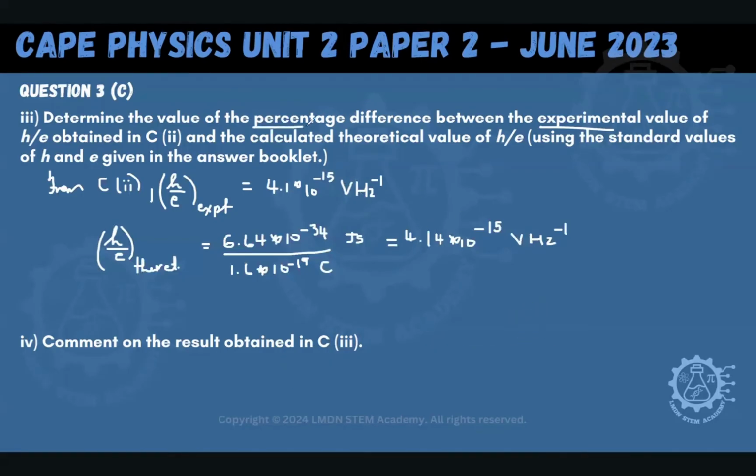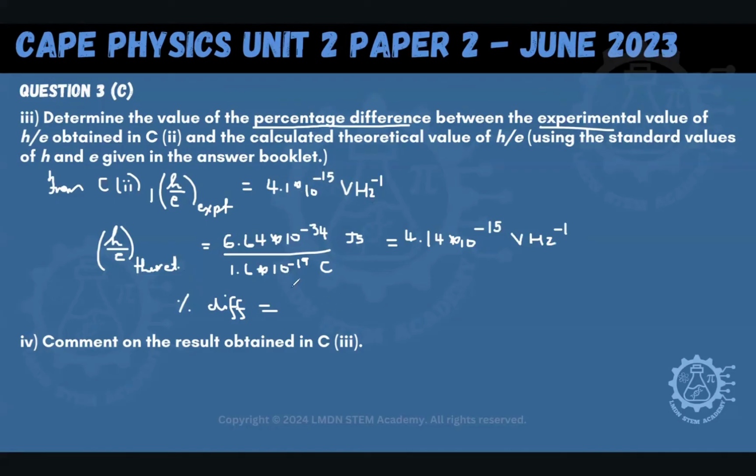We're comparing these two things, and they want us to find the percentage difference. When finding the percentage difference between the two, you subtract the smaller from the larger. We see that the theoretical value is larger than our experimental value.